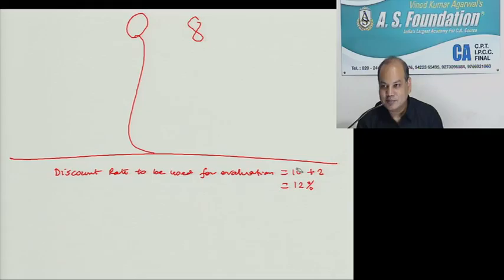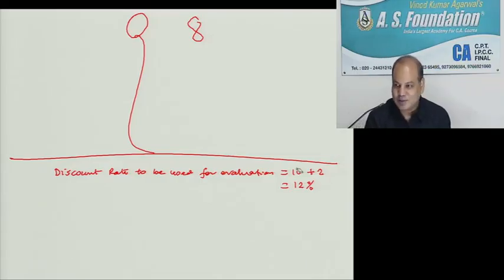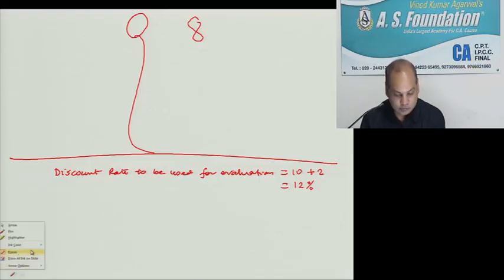Yes or no? So what method we will assume? Straight line method. Although WDV is possible if you know the formula to find out the WDV rate. Is it right? So why unnecessarily complicate matters? Next line.